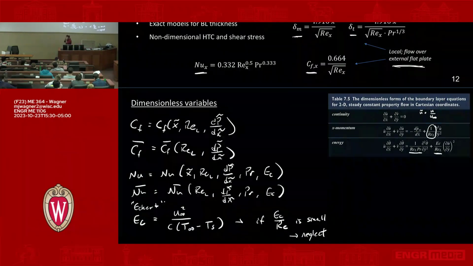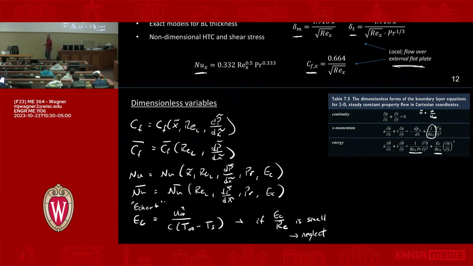Okay, so maybe stop and think about what I'm saying. Again, I realize this is a little bit of an esoteric slide, but what I'm saying here is we want to reduce down our correlations as simple as possible. So Eckert number somehow relates to viscous dissipation. What is viscous dissipation? It is heat generation in the fluid related to the motion of the fluid, right? You have fluid shearing over itself.